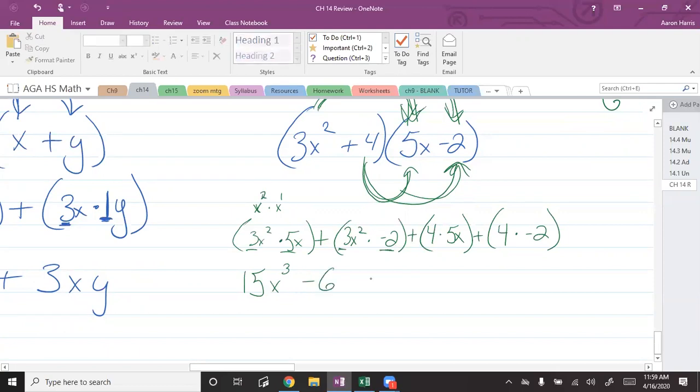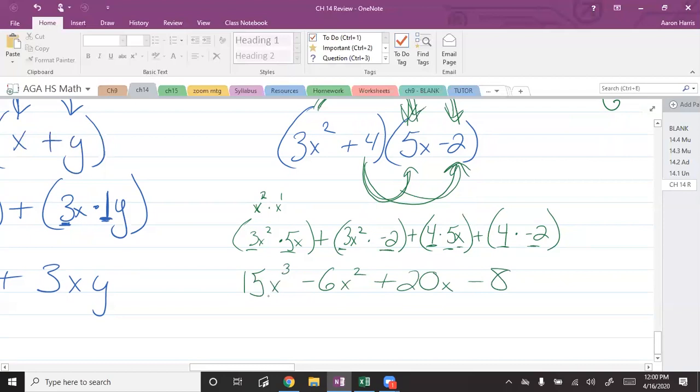X squared just follows along. 4 times 5 is what? 20. X follows along. 4 times negative 2 is what? Negative 8.